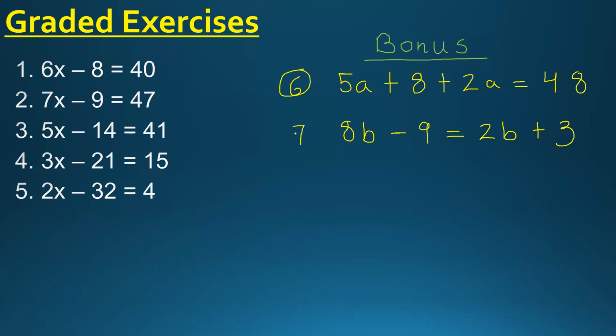So number 6 and 7 are the bonus. We have 1, 2, 3, 4, and 5. We know how we do it in this class. Once you finish with your work, take a picture of it and send it to me via WhatsApp.